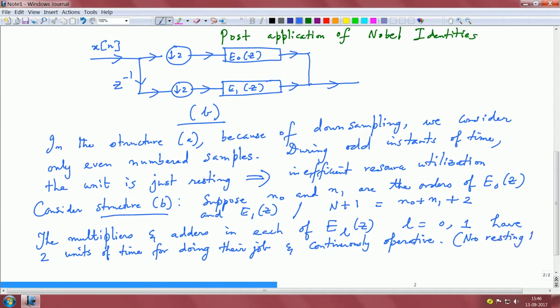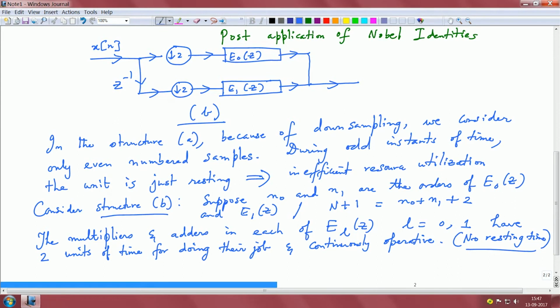In the first case there was resting time because you were just throwing away the samples, you were doing some computation, but you were throwing away the samples. In this case you basically have 2 units of time for doing your job and you are continuously operative, there is no resting time. So therefore this is definitely an efficient architecture for realization, right.